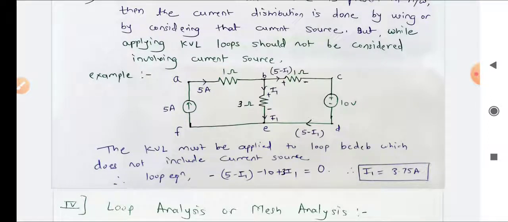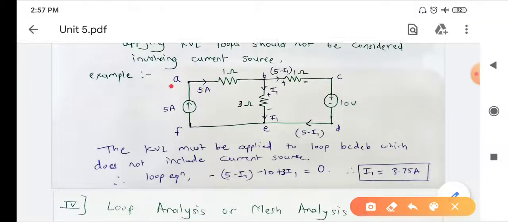We are not going to consider loop A, B, E, F, because in this loop the current source is present. We apply KVL only to loop B, C, D, E, B, because in this loop the current source is not there, and we have already assigned the currents to each and every element in this loop, and hence we can easily write the equation by applying KVL.